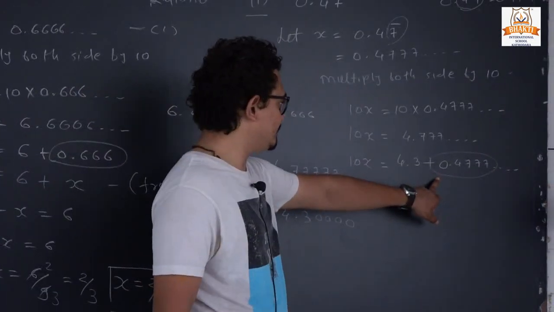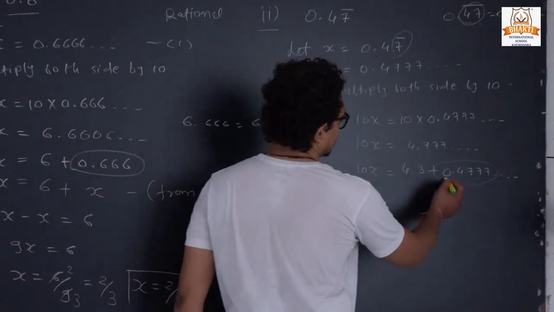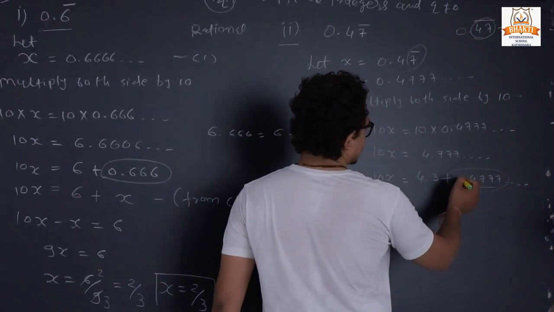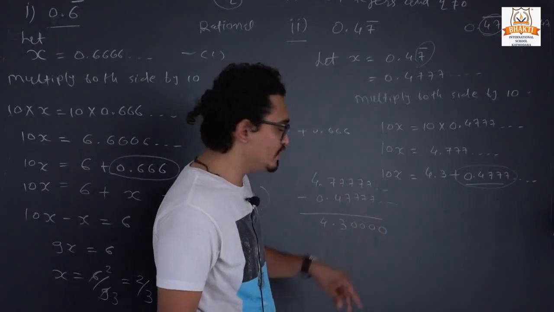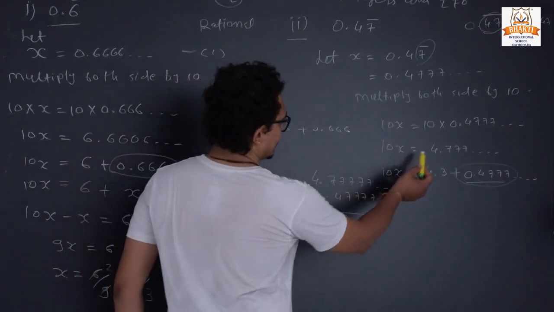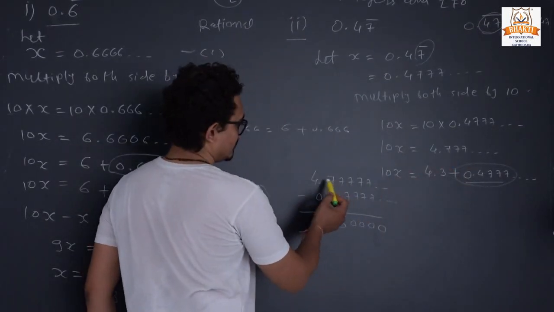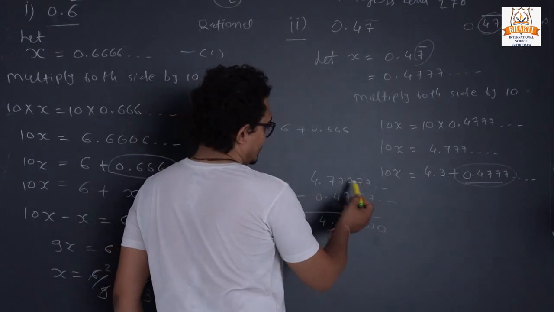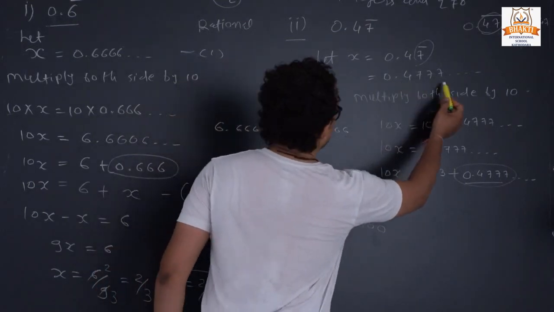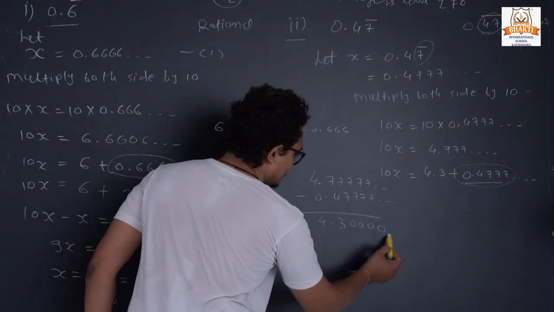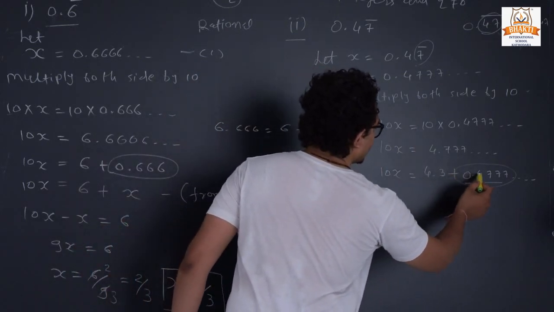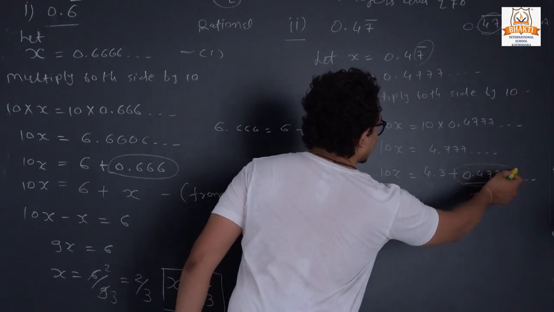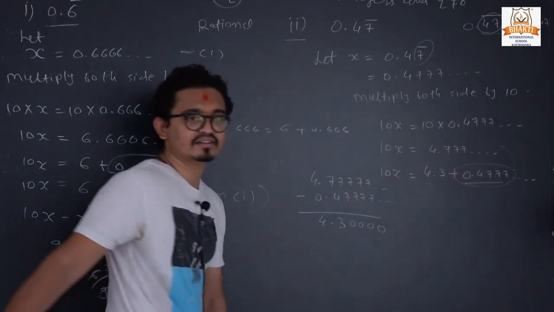How can we do that? First of all, we write 4.777, and from it we subtract that value. So we can write 4.3 plus 0.477, and we will get the value 4.777.